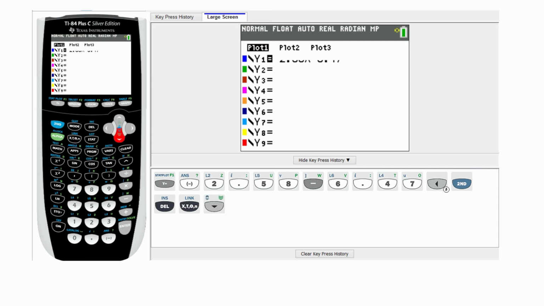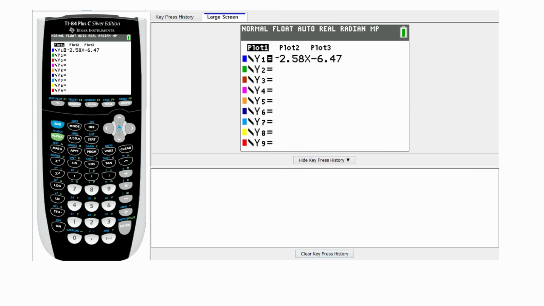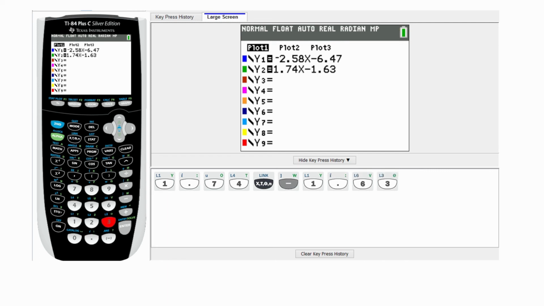I'm going to down arrow because now I have the equation I want, negative 2.58x minus 6.47. Typing in my second equation, I have 1.74x minus 1.63. Now that I have my two equations, I'm ready to graph my line.